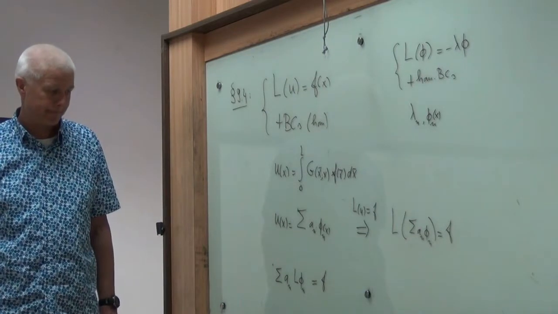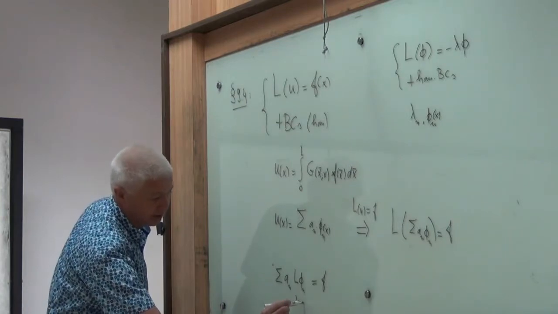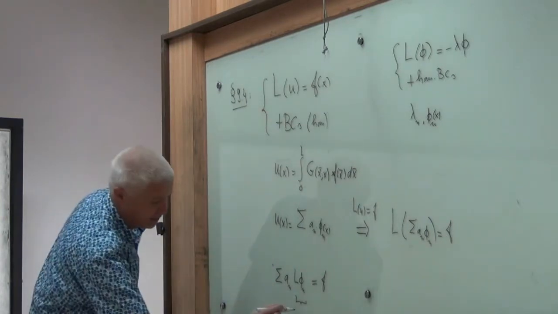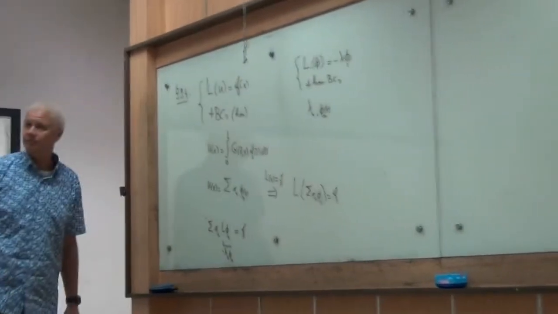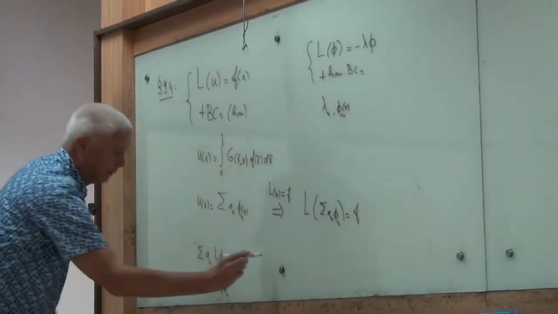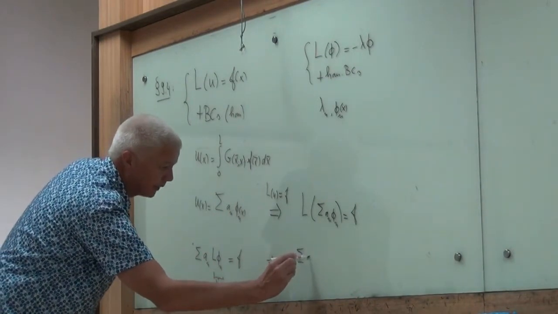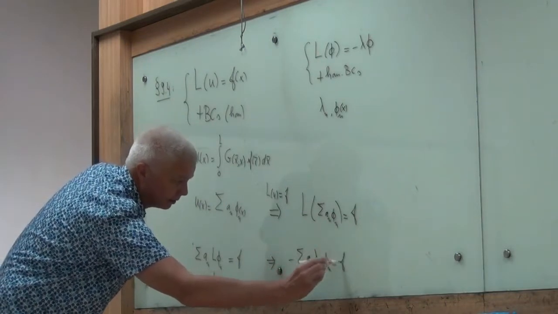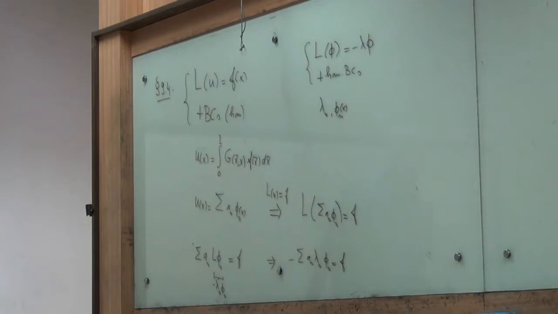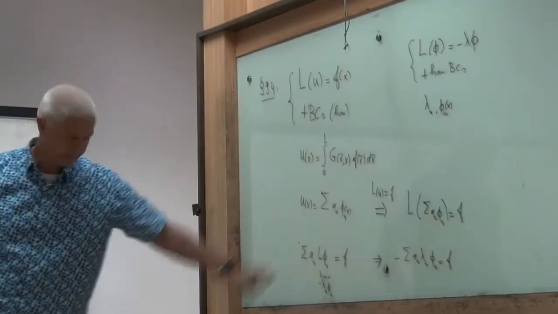Then we know that this is equal to, according to that, minus lambda n phi n. So we will get minus the sum of a_n lambda_n phi_n is f. And now we have to determine the unknown coefficients, because this is an eigenfunction expansion. We have to determine a_n.